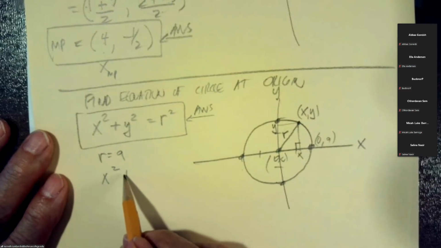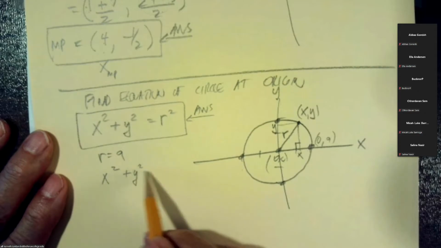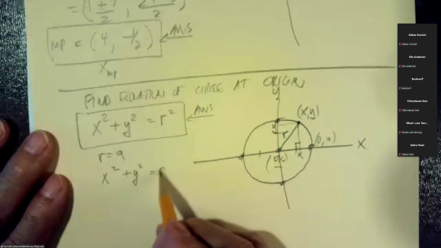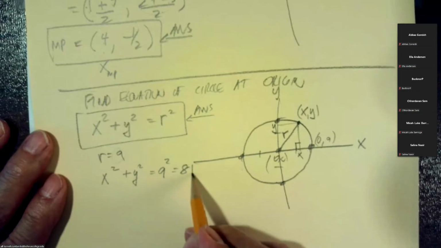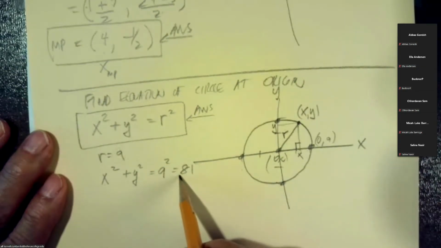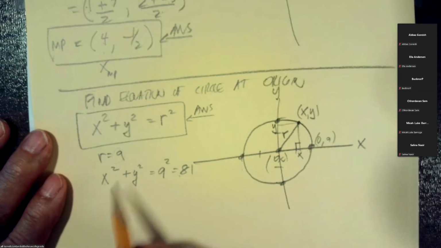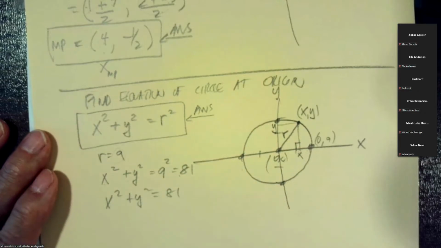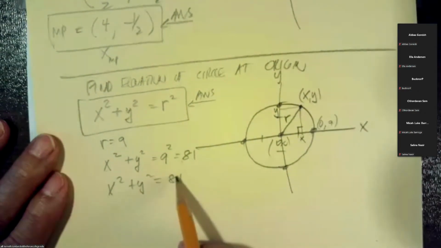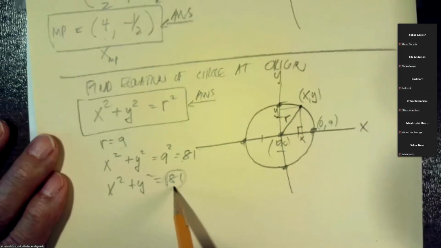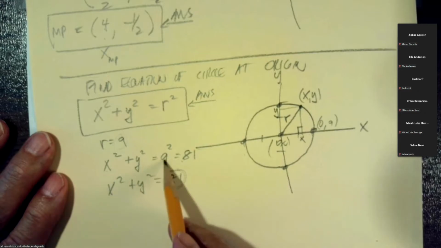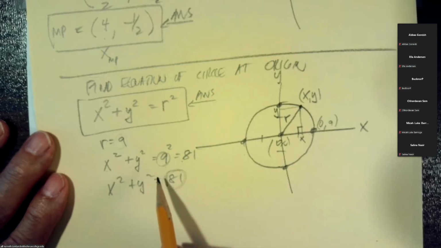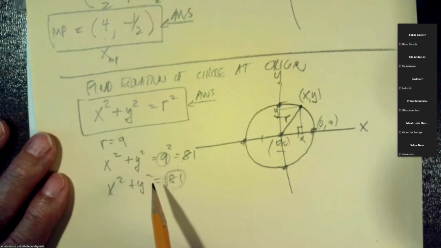X squared plus Y squared equals radius squared, that's 9 squared, that's 81. So X squared plus Y squared equals 81. If I gave you the equation X squared plus Y squared equals 81 and asked you for the radius, you'd say it's the square root of 81, which is 9. Okay, making sense to everybody here? Questions at all?